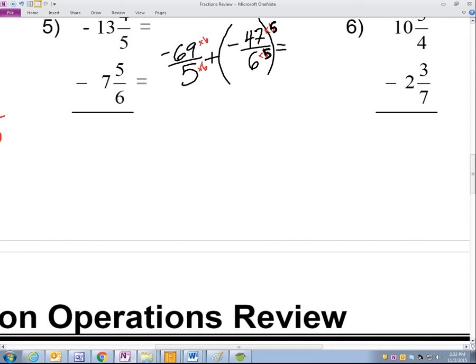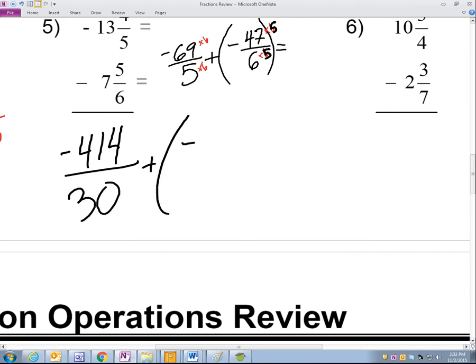With this one, 69 times 6, because of the distributive property, I'm just going to do 6 times 70, which is 420, minus 6. So I have negative 414 over 30 plus a negative 47 times 5.